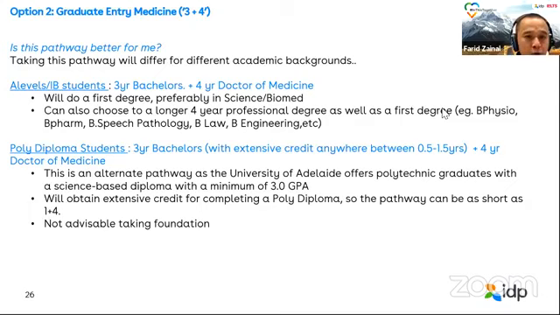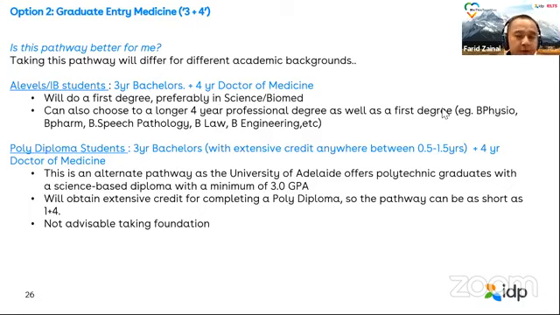Then with the experience gained from your first degree, because you have exposure to science and biomedical science subjects, this will put you in a good position to even think of exploring other 4-year professional degrees, right? Maybe in the middle of your 3-year program, you may find that physio, even pharmacy, speech pathology, law, engineering is something that you would like to explore, all right?